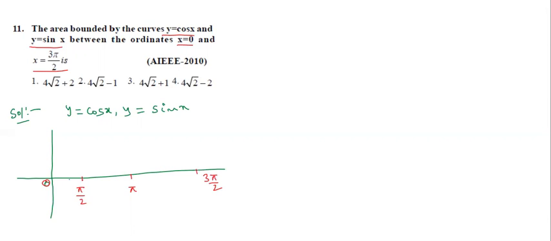Now first draw the cos x curve, approximately like this. Okay. Now draw the sin x curve. Sin passes through the origin, so we get it like this.